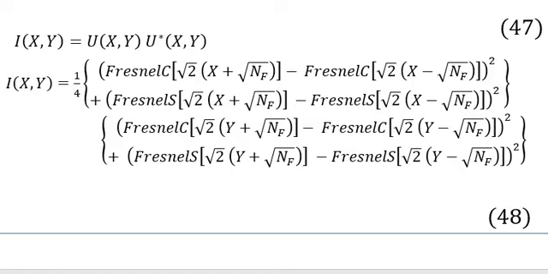So you can see that I of x comma y is equal to 1 over 4 times the two curly brackets. One curly bracket contains the terms which are x plus square root of nf, that is the Fresnel C terms, and then the Fresnel S terms.